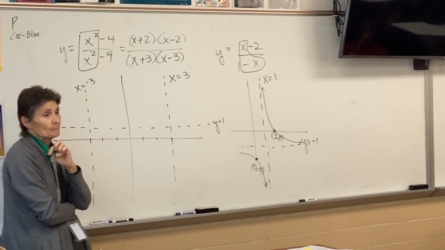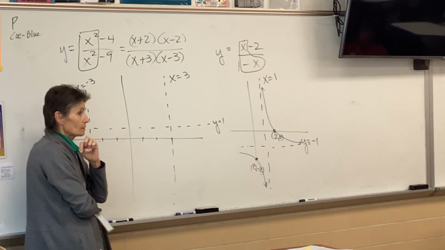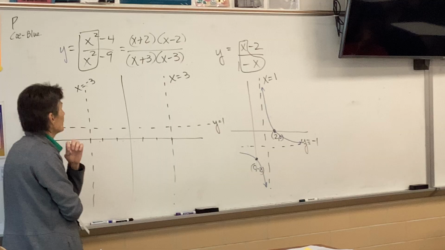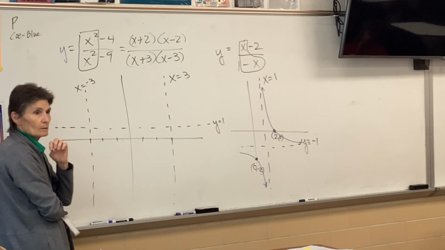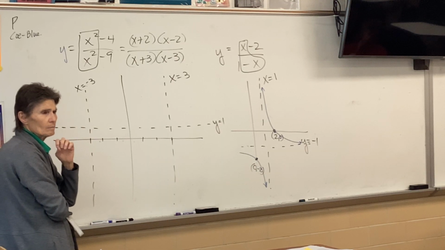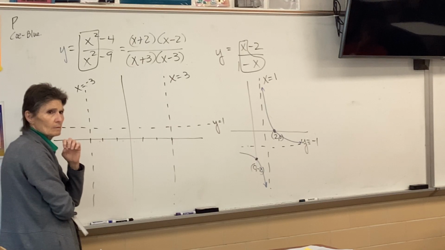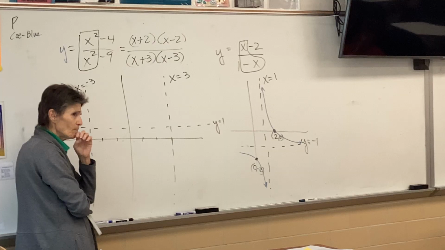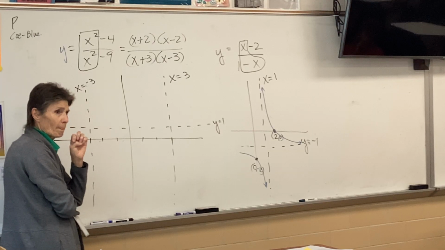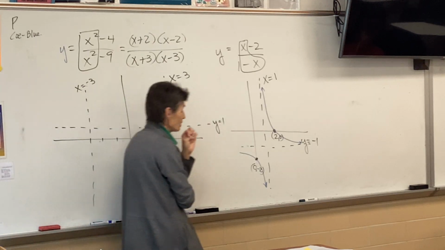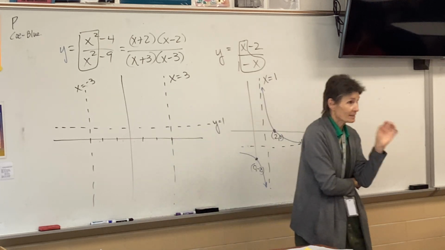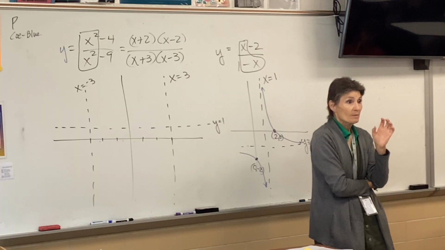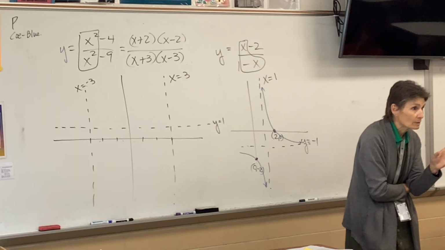Now what? What do I want to do now? Make it 0. x-intercepts come from the numerator.